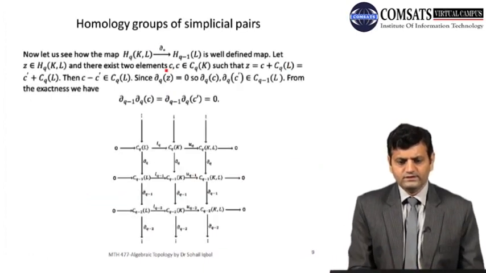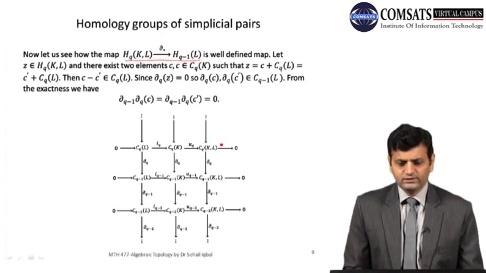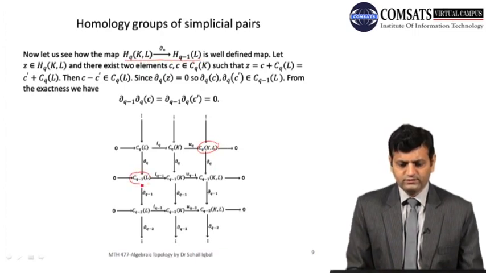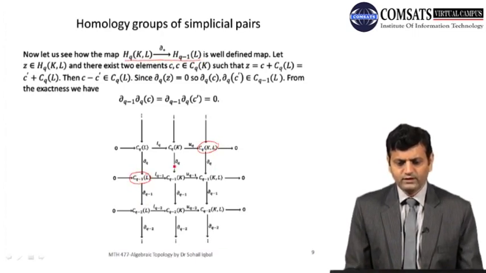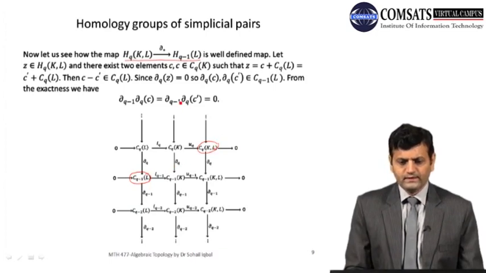Consider this map H_q(K,L) to H_{q-1}(L), starting from this point and going to this point. Let's see if these maps are well defined or not. How do we show this? Take an element Z from H_q(K,L).